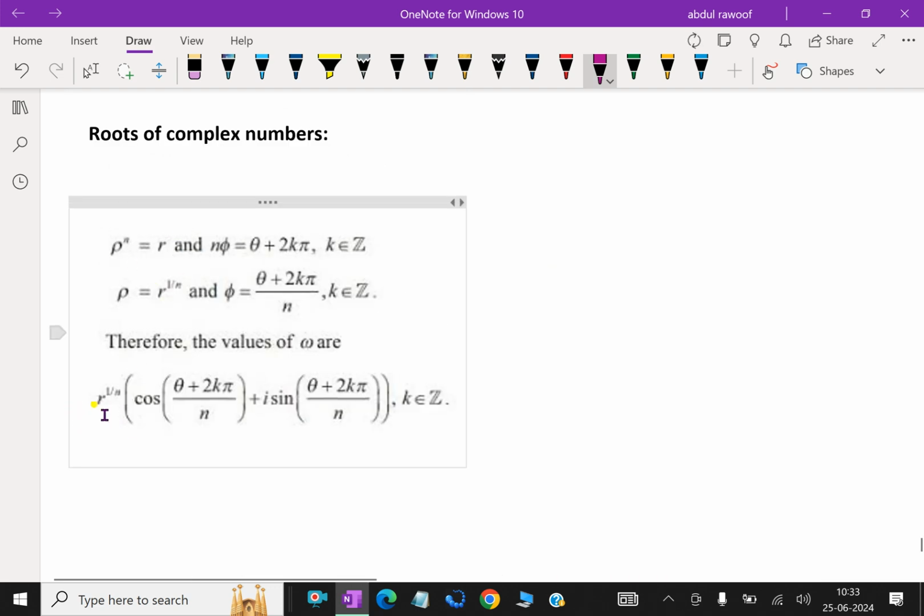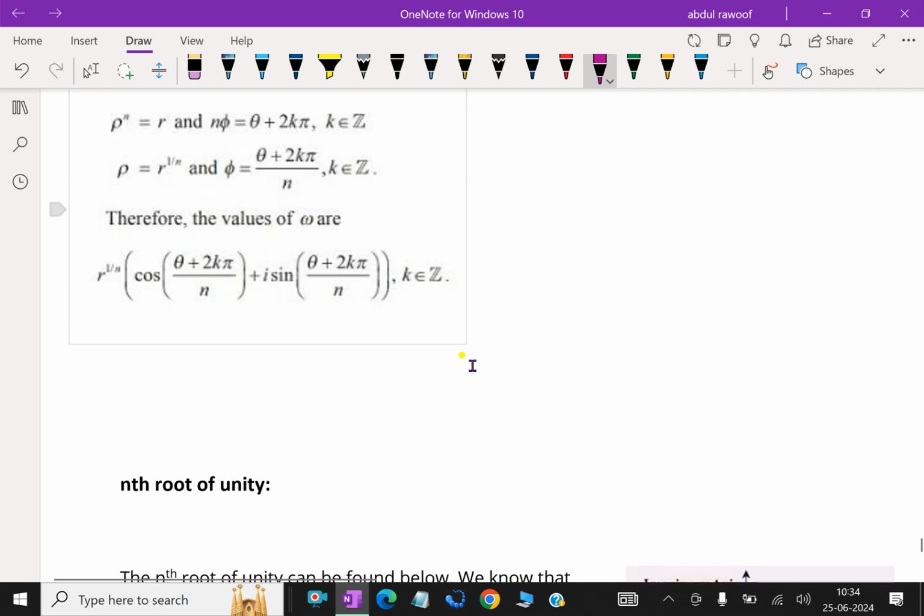We can write in general form R power 1 over n into cos of (theta plus 2k pi over n) plus i sin (theta plus 2k pi over n). These are the roots of the complex number. From this, we can find any nth root of the given complex number.